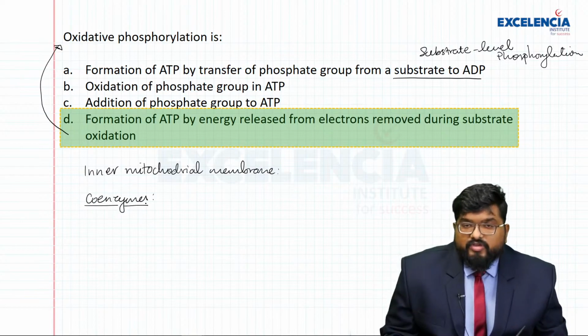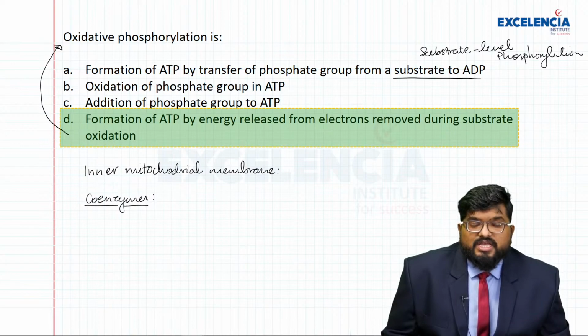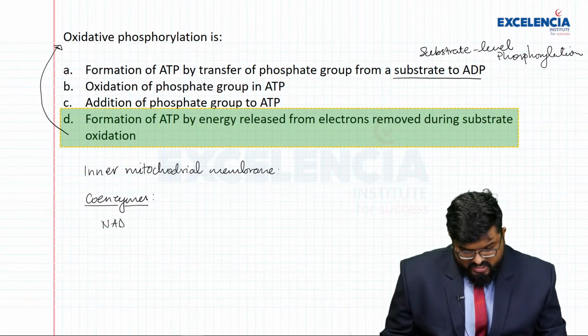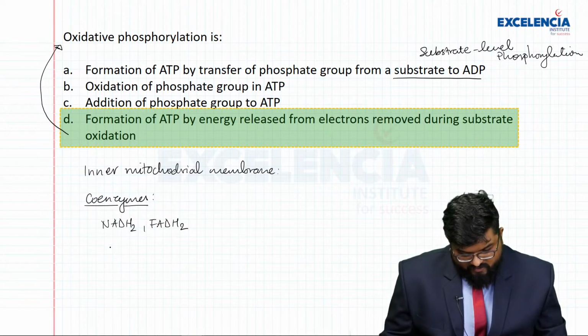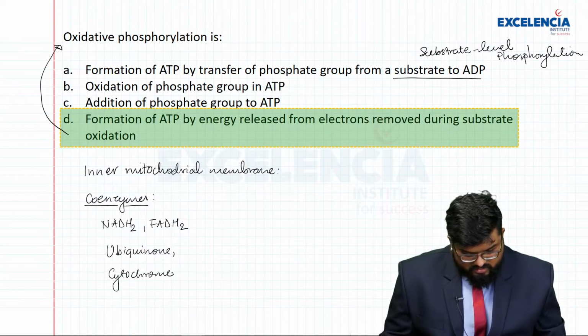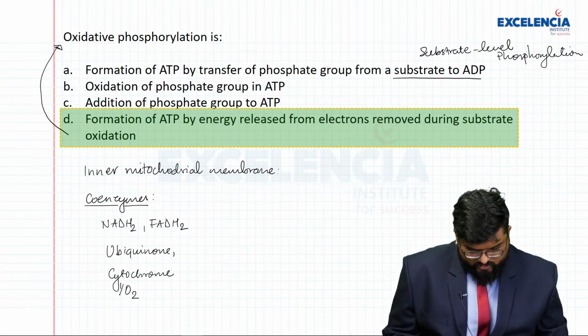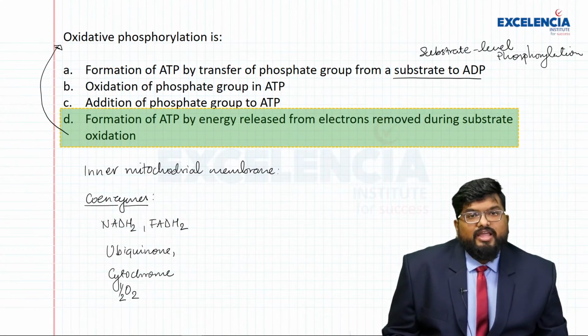And what are these coenzymes? These coenzymes are NADH2, FADH2, then we have ubiquinone, then we have cytochromes, and then we have oxygen, half O2. These are electron carriers.